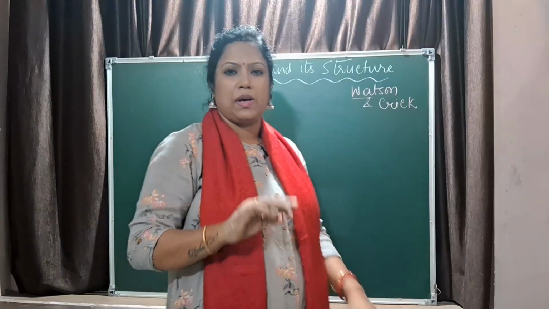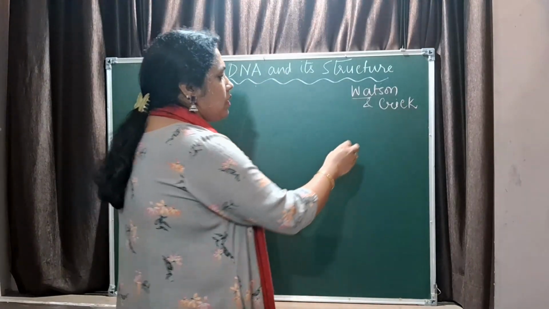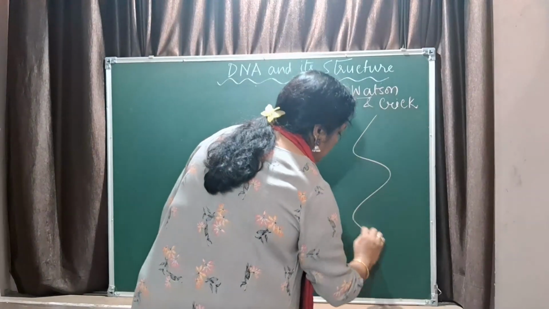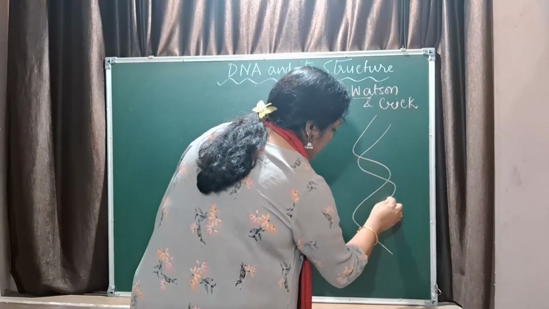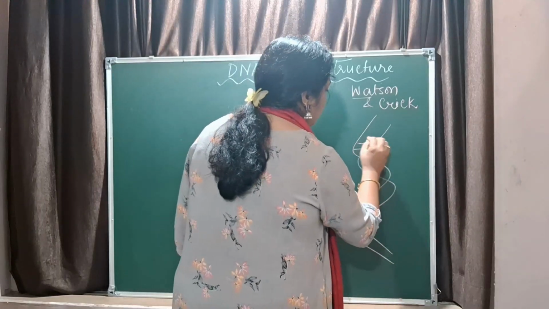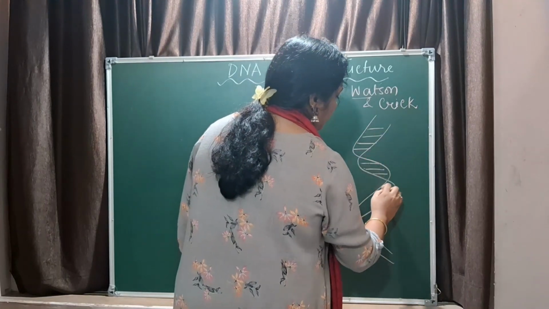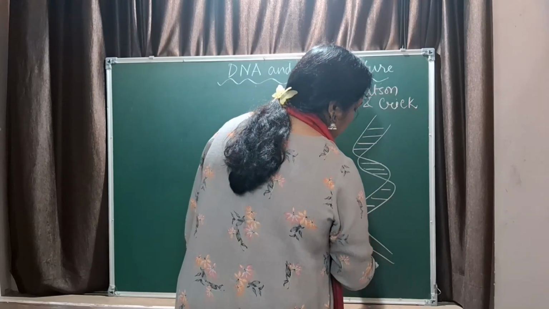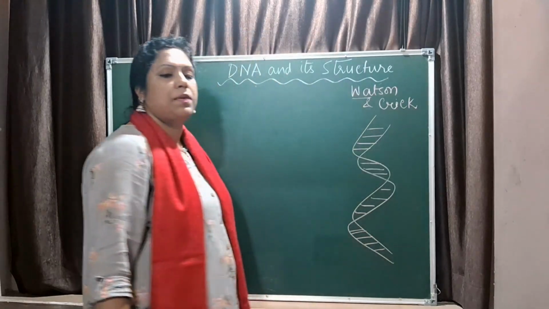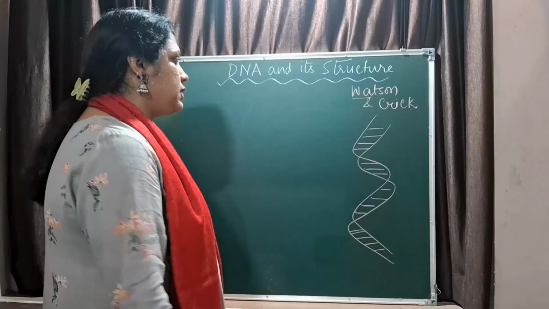Crick already passed in 2004. So Watson and Crick gave the double helical structure of DNA.